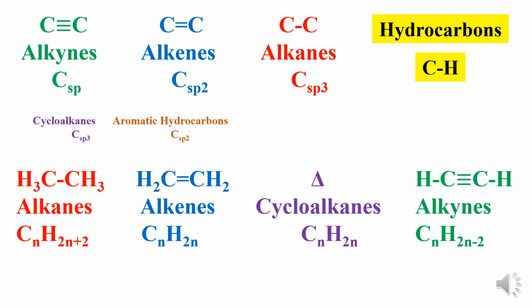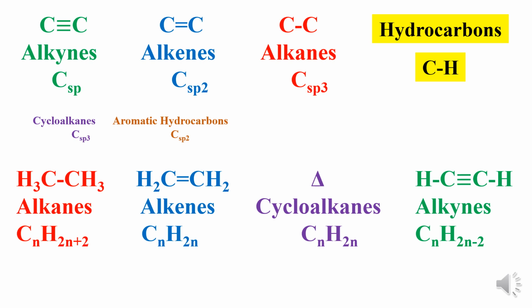Now when you compare and contrast the general formulas of alkenes and alkanes, you will find that the general formula in case of alkenes does not contain plus 2. That is because the alkenes contain 2 hydrogen atoms less than the corresponding alkane.